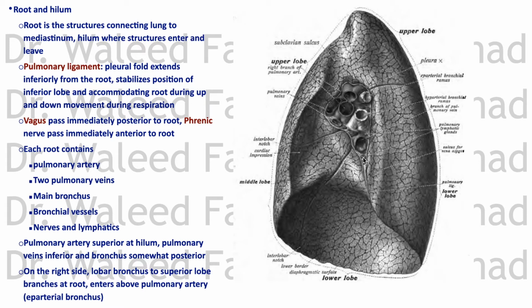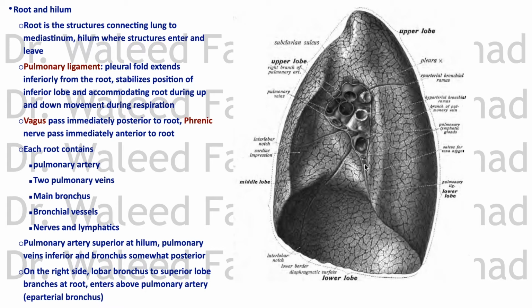This is the hilum. Or you can define the hilum as the part around which the pleura gets reflected. See? It gets reflected to cover the root. And around the root, the pleura gives a slack below the root of the lung called the pulmonary ligament.